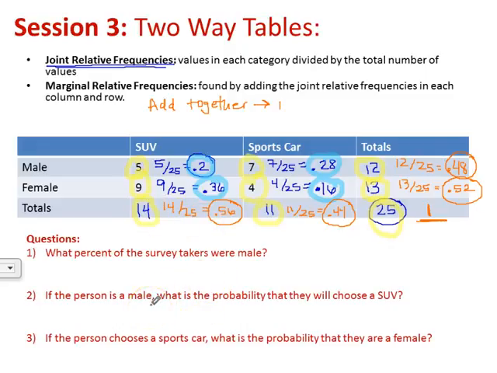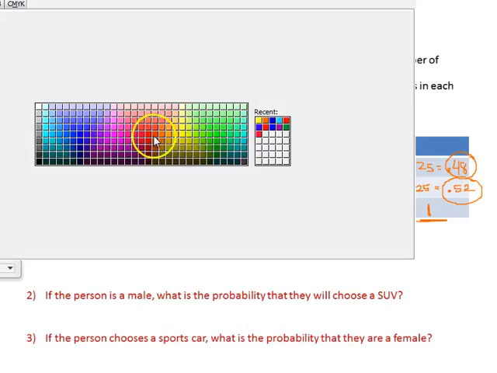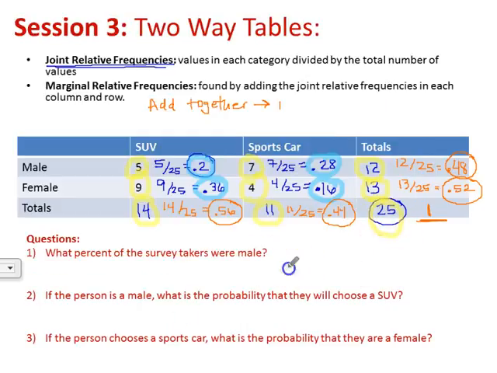So the first question says, what percent of the survey takers were males? Well, how many total survey takers did we have? Remember, there's 25. And out of those 25, how many were male? All these were male.